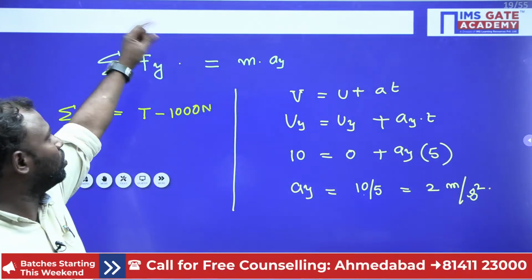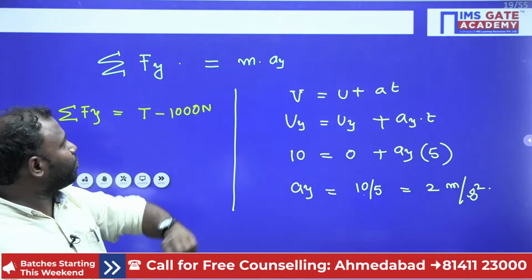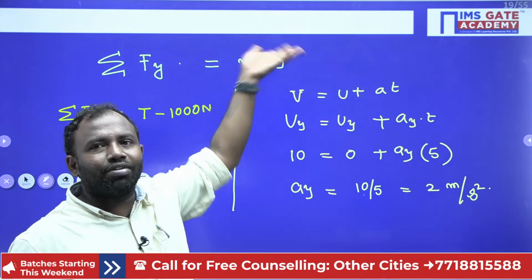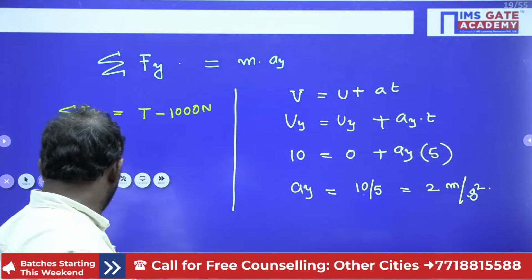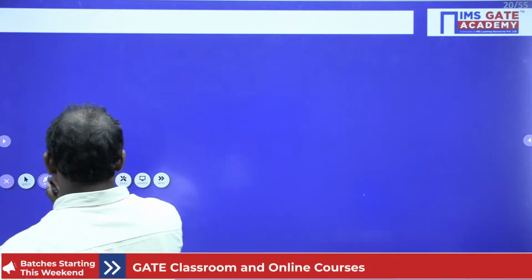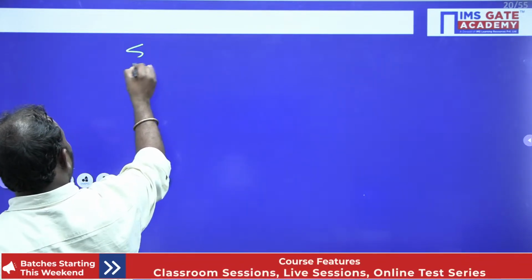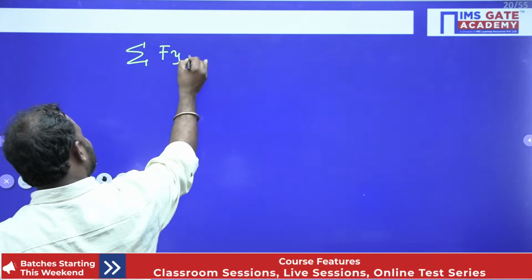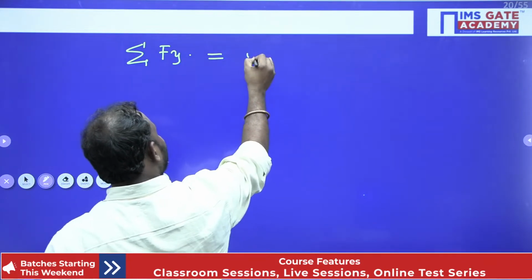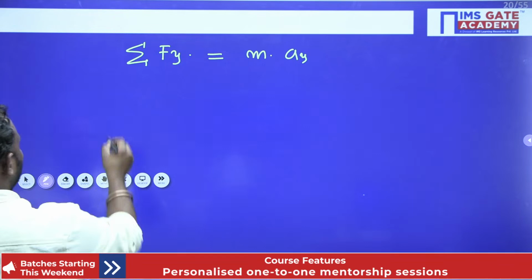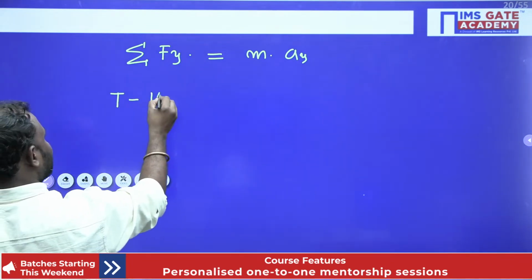Now we all know mass of the elevator. So mass is given in terms of newtons, right? That is why convert that into kg, right? Now let's write my equation. That is sigma Fy is equal to m dot Ay, right? Now here sigma Fy, so that is T minus 1000, right?